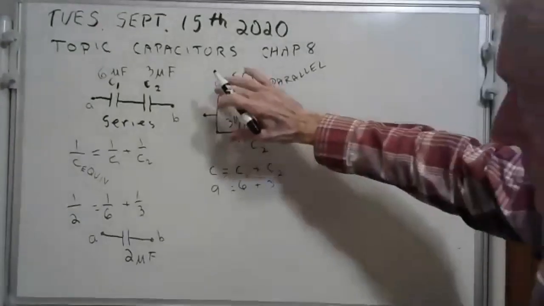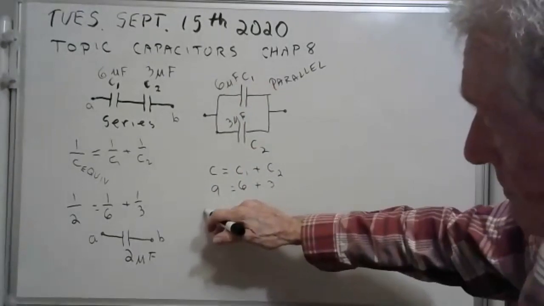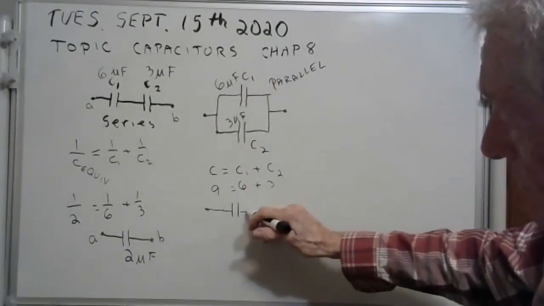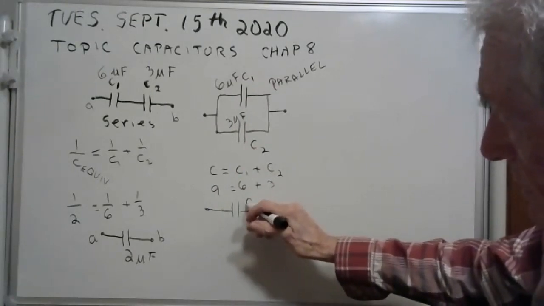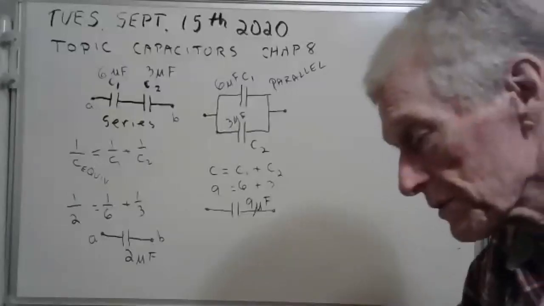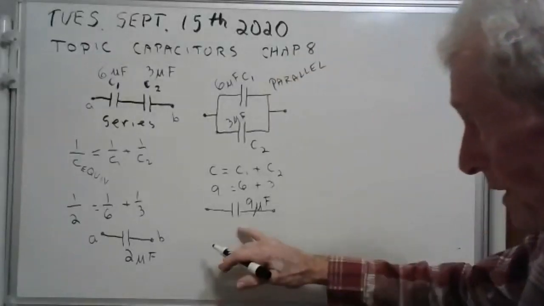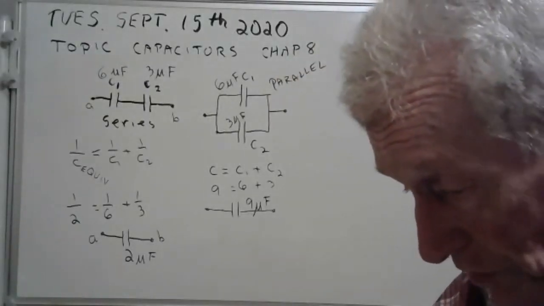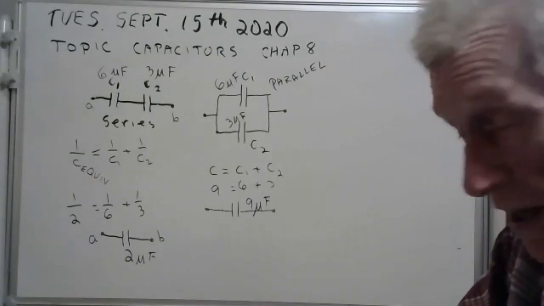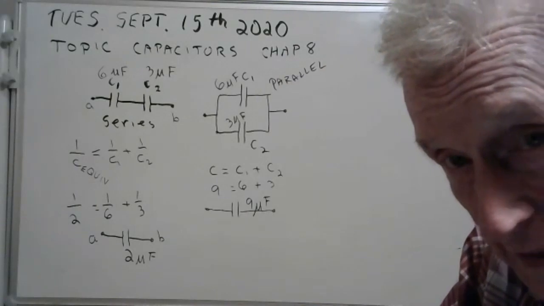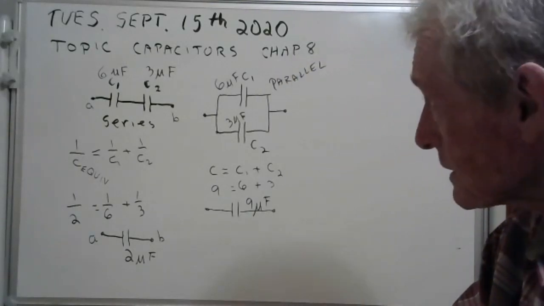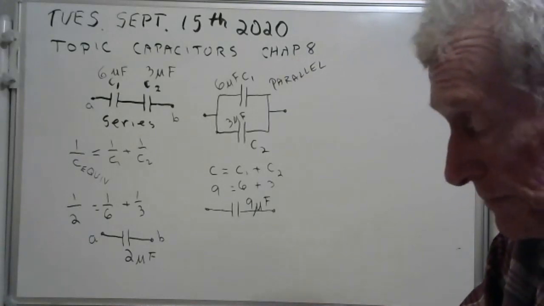You could replace those two in parallel with a single 9 microfarad capacitor, and you wouldn't be able to tell the difference. This will have the same charge that goes in and out of it. It'll have the same energy, the same voltage. You can't tell the difference because it's an equivalent capacitance.